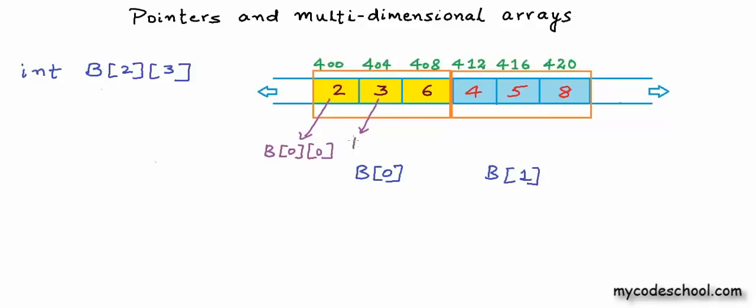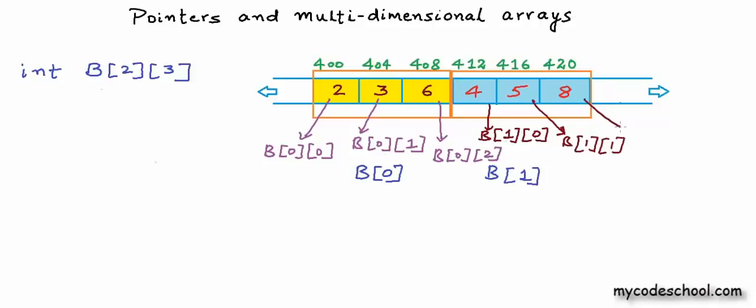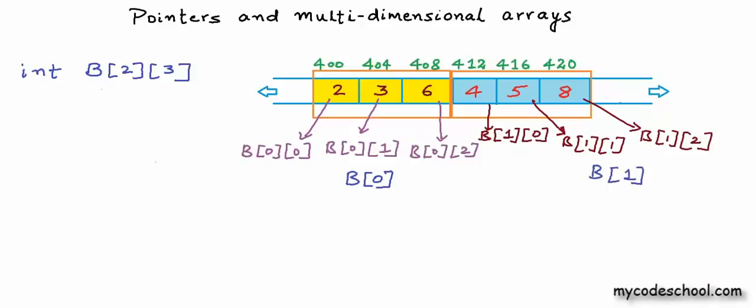The next integer that can be accessed as B0[1], the 1st element of B0, will take the next 4 bytes starting 404, and the next one will be B0[2], element at index 2 of B0. Similarly, we will have 4 bytes for the 0th element of B1, 4 bytes for the 1st element, and 4 bytes for the element at index 2 of B1.